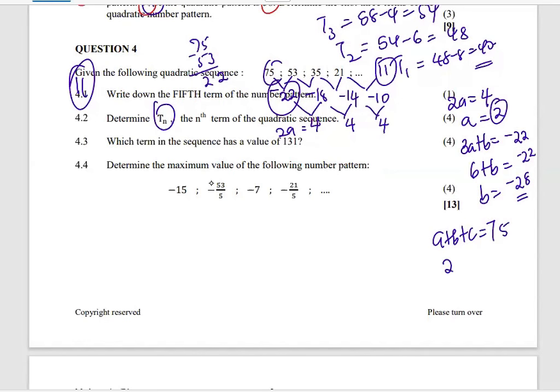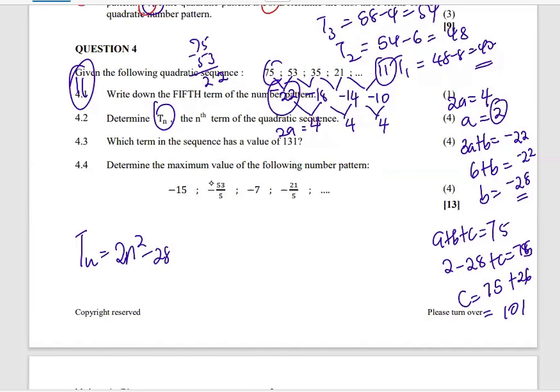So 2 minus 28 plus c should be 75. This should be negative 26, so it's 75 plus 26, 101. So our Tn is going to be 2n squared minus 28n plus 101.